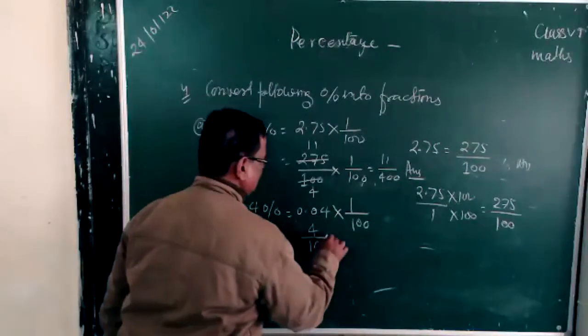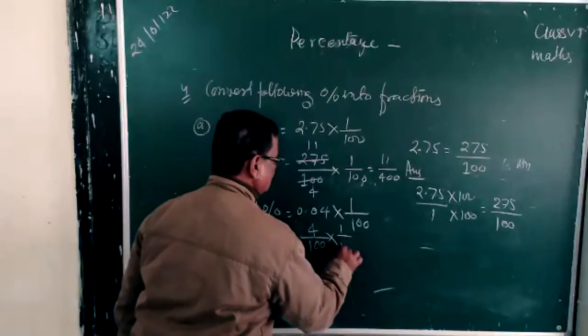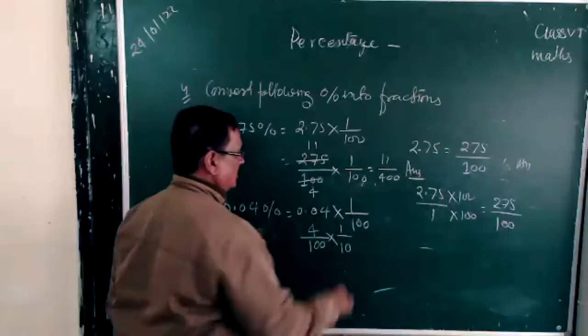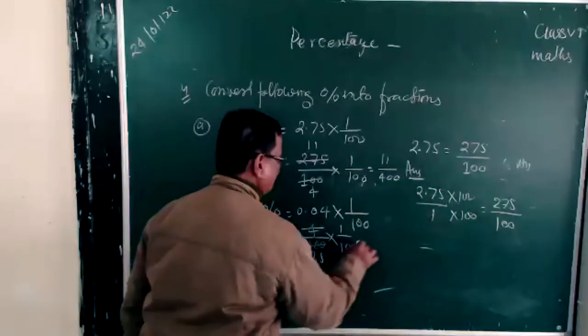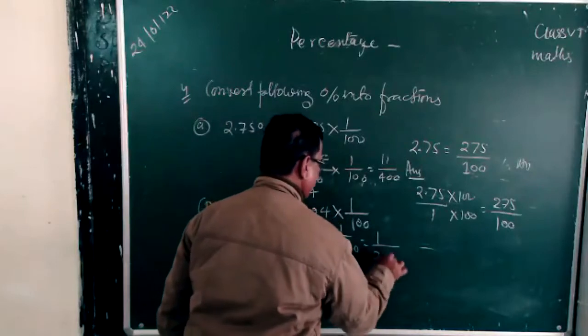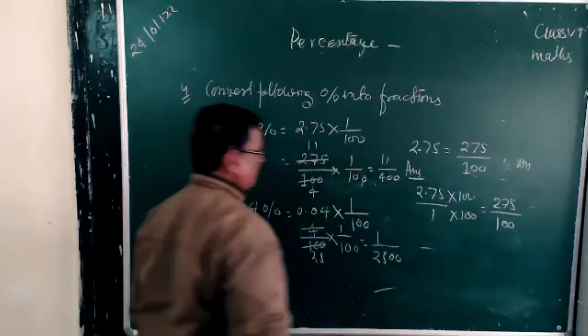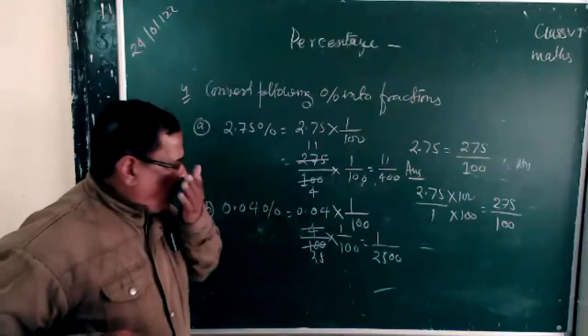The 100 remains, so 1 by 25 into 1 by 100, which is 1 by 2500.